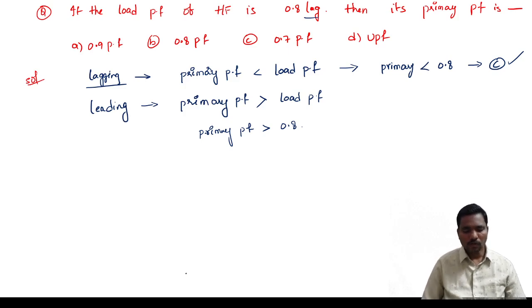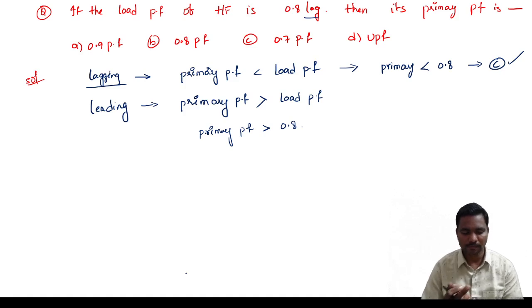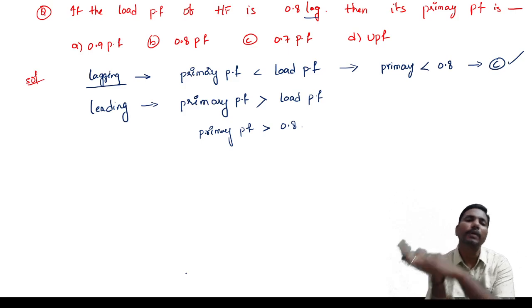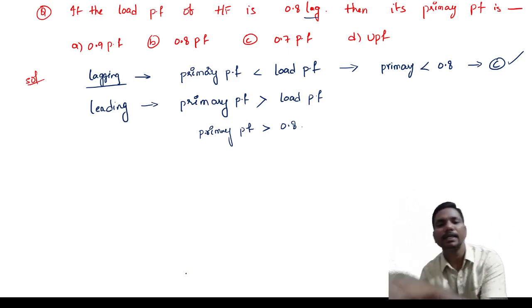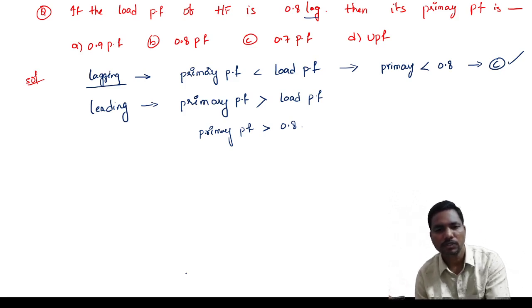Now let us take a very important point, that is the effect of winding resistance when you transfer from primary to secondary or secondary to primary. Let us take that one.